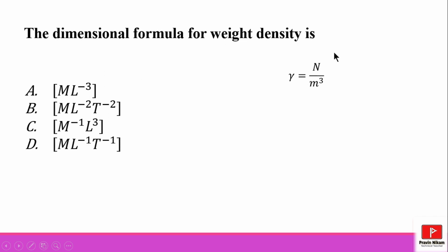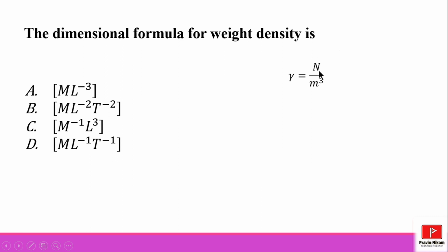But in this unit you can see Newton is a derived unit and meter cube is also derived, but it is in the form of fundamental units, that is meter into meter into meter. But this Newton is a derived unit. So first you have to convert this Newton into fundamental units.